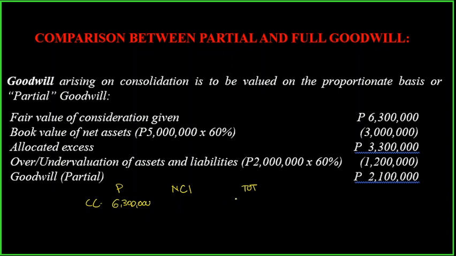Then you have the book values of net assets acquired. You have your excess. Adjustment. And you now have your goodwill. Let's try to answer this.